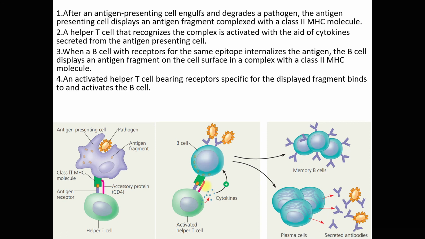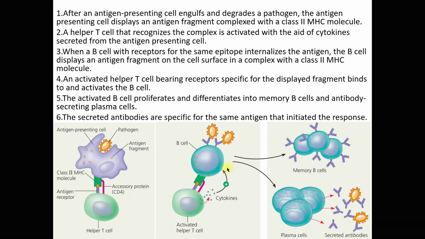So an activated helper T cell bearing receptors specific for the displayed fragments binds to and activates the B cell. The activated B cell proliferates and differentiates into memory B cells and antibody secreting plasma cells. The secreted antibodies are specific for the same antigen that initiated the response.